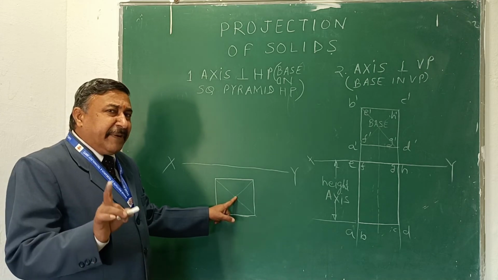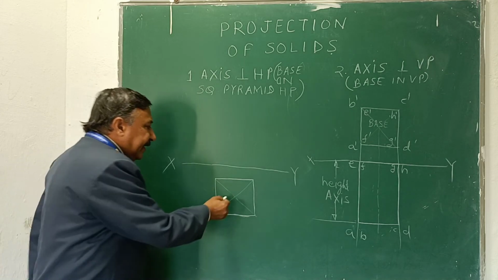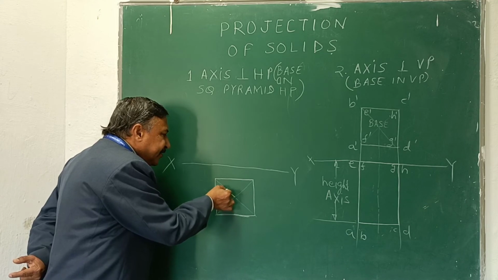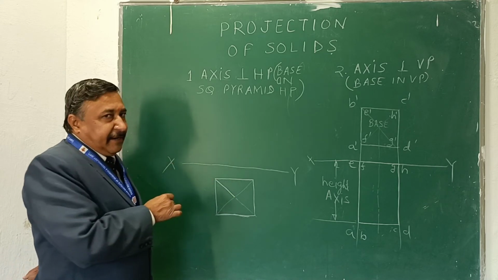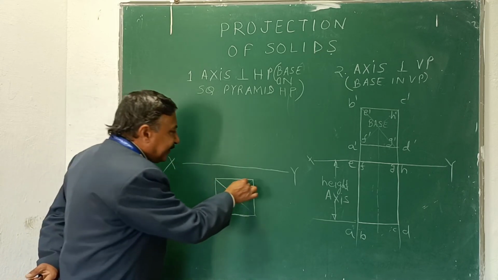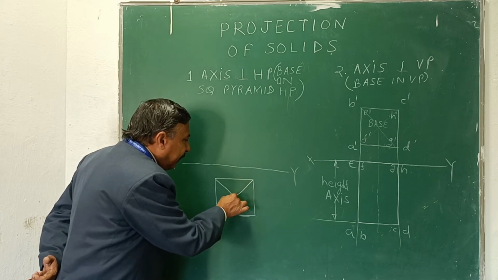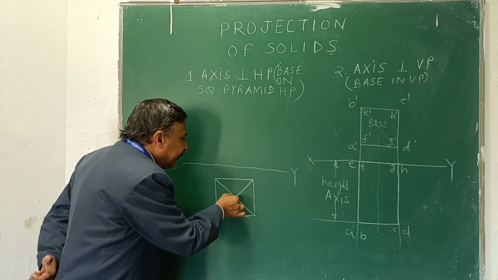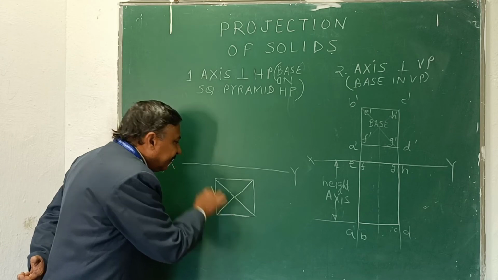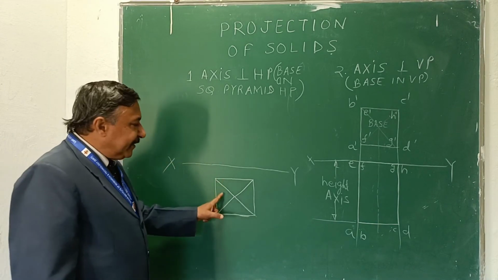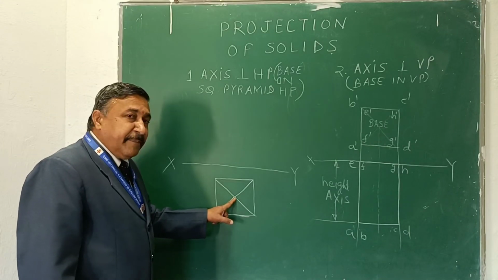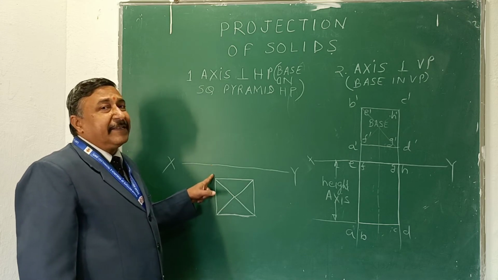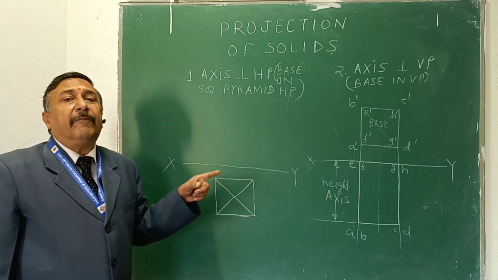Now not only is the apex seen, but from apex to base corner, the edges are also seen in top view. The edges from apex to the corner of base are also seen in top view.